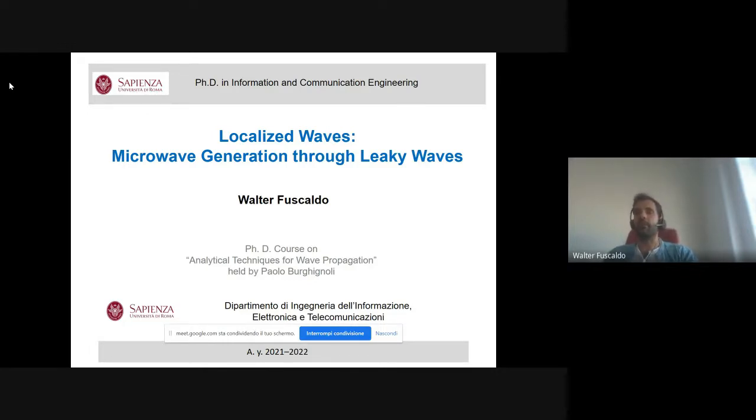So probably during the course you got familiar with different kinds of wave propagation. Here we see these two special classes of waves, localized waves and leaky waves, and how they can interact with each other to produce very nice electromagnetic phenomena.